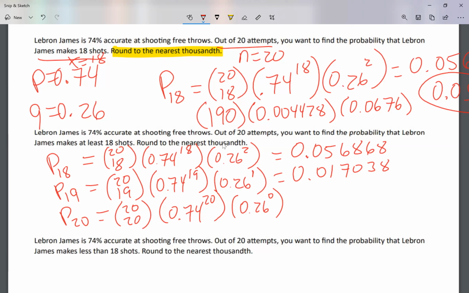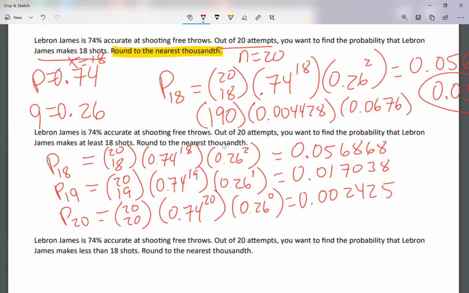Would that just give me a 1? Yes, a decimal to the 0 power is just 1, so it's not a big deal. When I multiply all of this out, I get 0.002425.